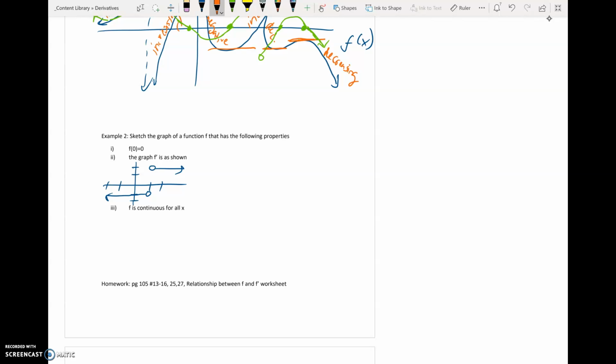So we want to sketch this graph with the following properties. And these three properties: f of 0 is 0, it has to have this graph as its derivative graph, and then it has to be continuous for all x. So from number 1, let's begin at the origin.